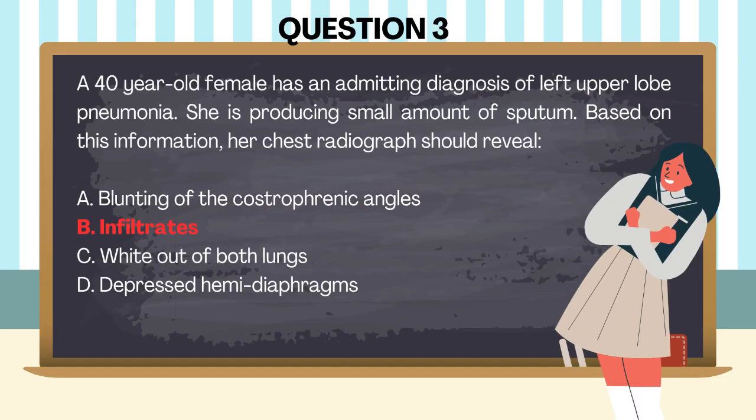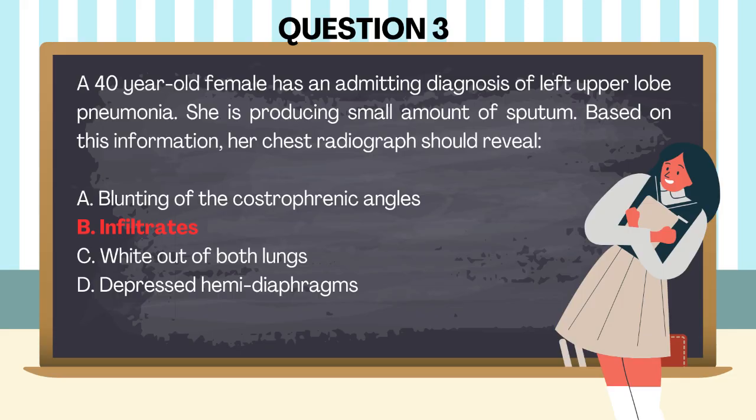Question 3. A 40-year-old female has an admitting diagnosis of left upper lobe pneumonia. She is producing a small amount of sputum. Based on this information, her chest radiograph should reveal. And the correct answer is letter B, infiltrates. Infiltrates are common radiographic findings in pneumonia.